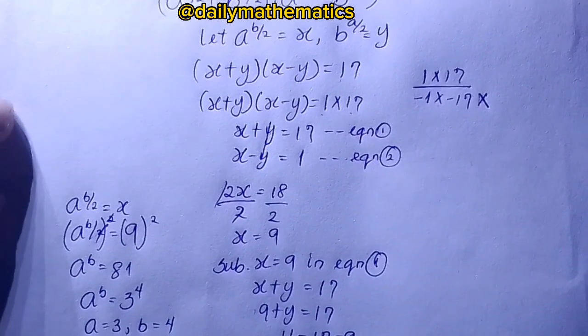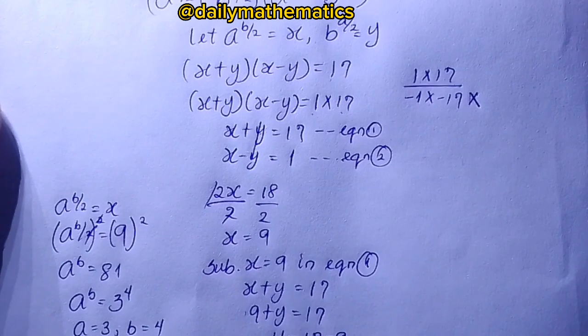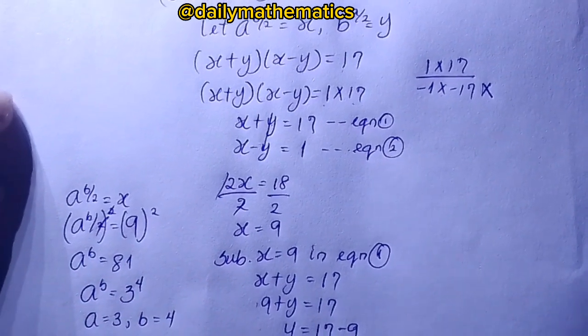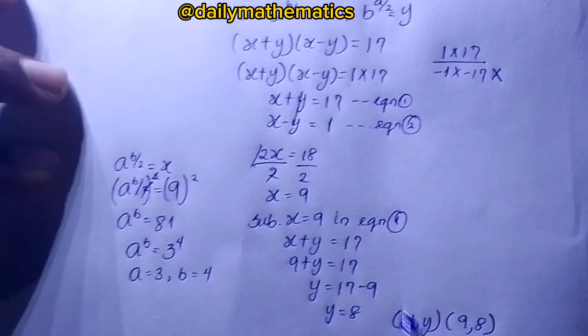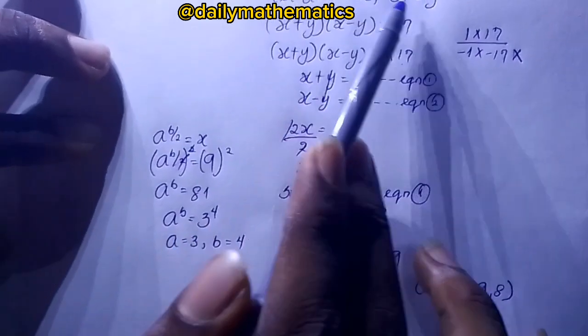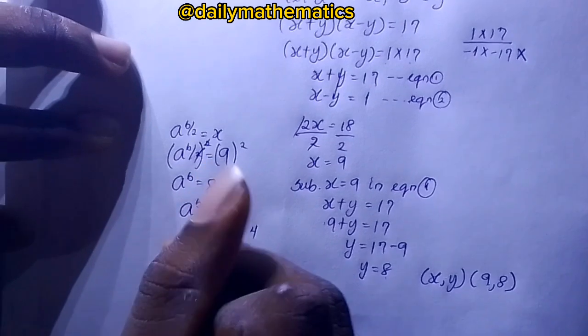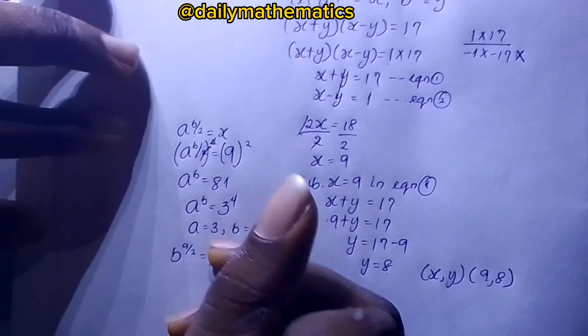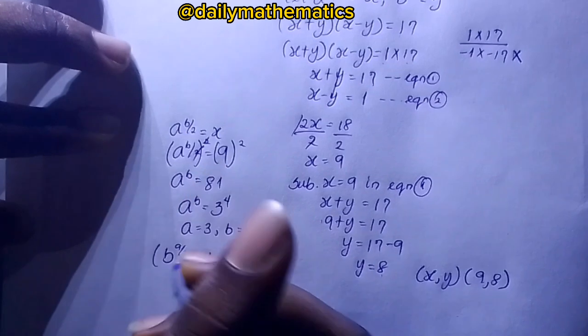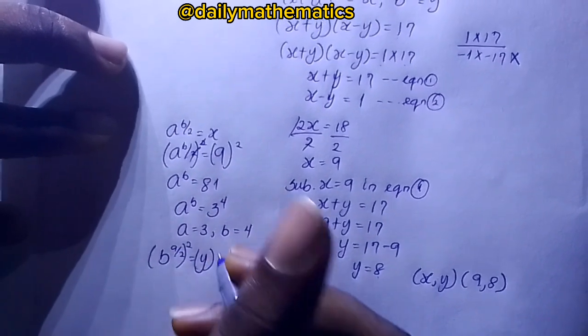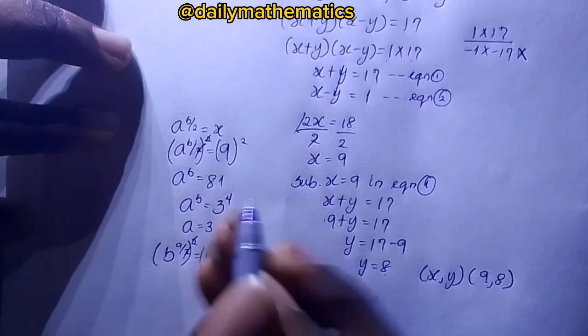The second one tells us b raised to the power of a over 2 equals y, which is 8. From here, still square both sides, and so the 2 cancels.